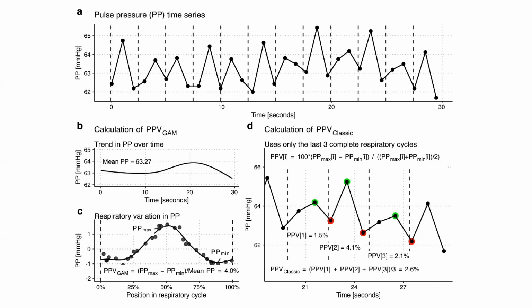It was better than random, but it was not good, with quite wide confidence intervals. So the more interesting part of the results was how these different tidal volumes and these different respiratory rates impacted pulse pressure variation.